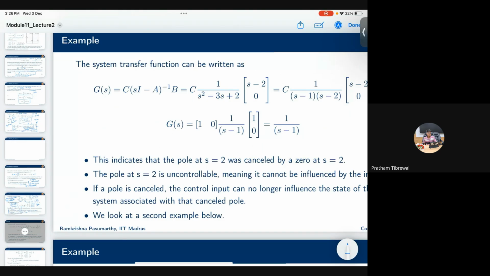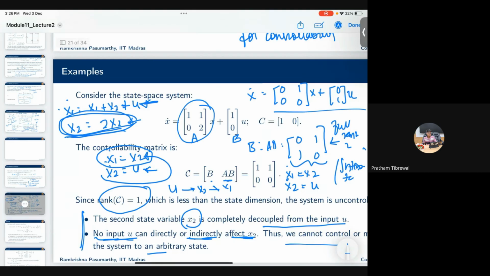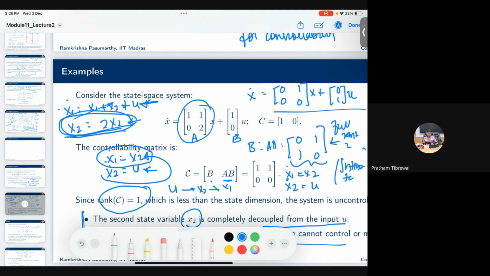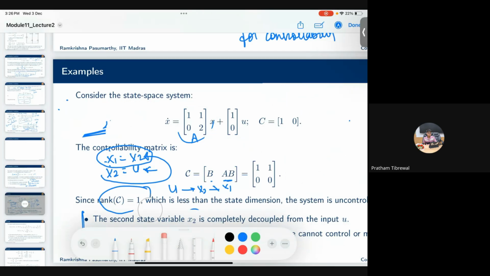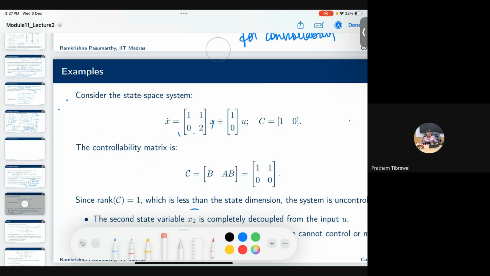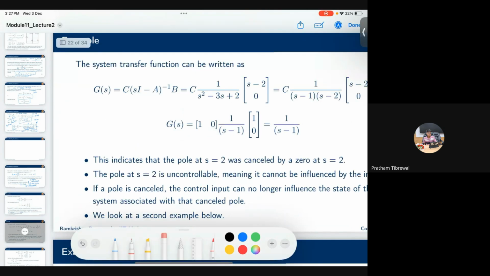Now what is also happening, again, we'll not do the details of the proof here, is what happens when the system is not controllable, and because we did a lot of analysis on transfer functions, I'll just stick to this example. So do we know how this formula comes from?